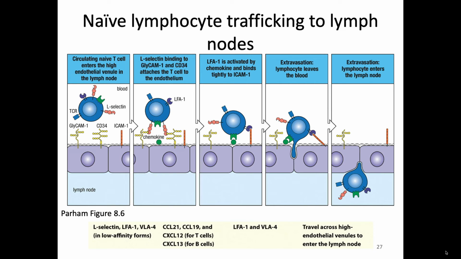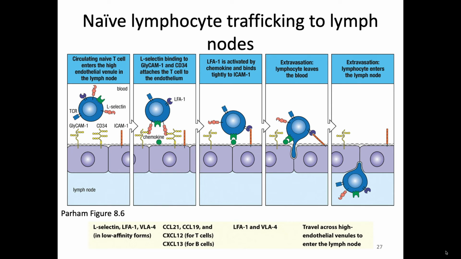The HEV is also always making chemokines, specifically CCL19 and CCL21. When the T cell is naive and would like to go to the lymph node, it will have the chemokine receptor CCR7 on its surface.